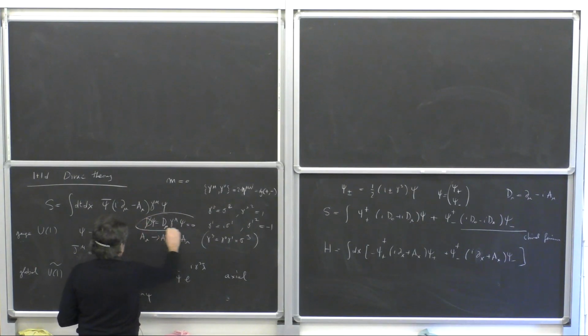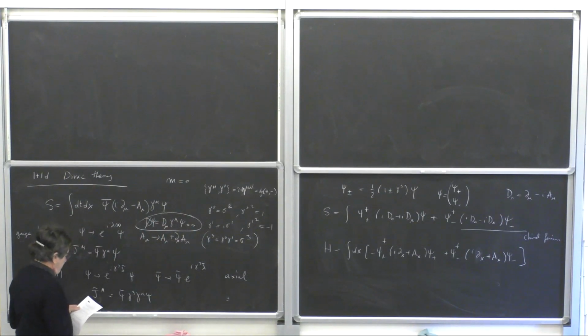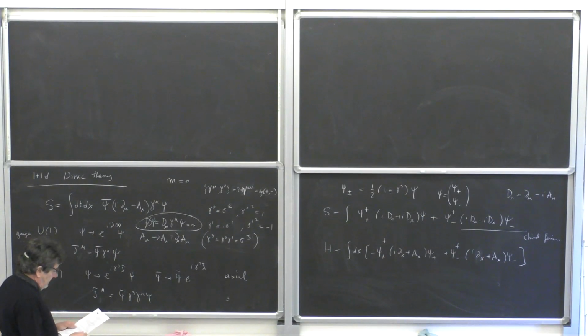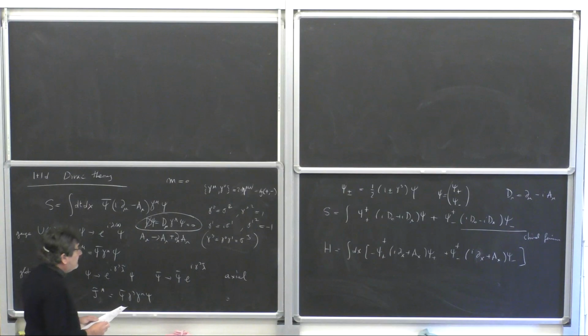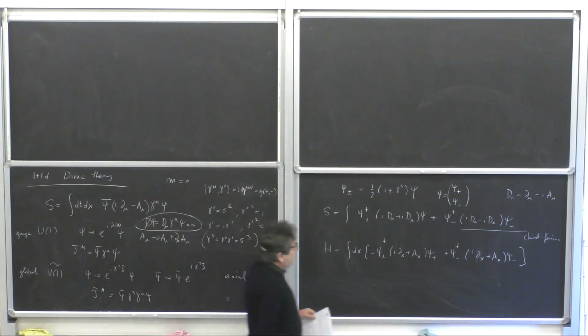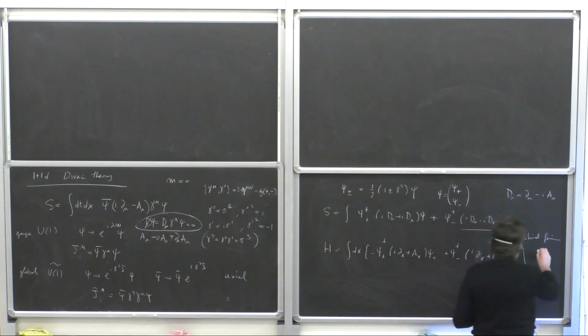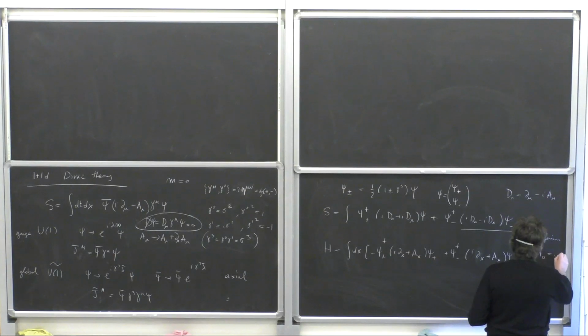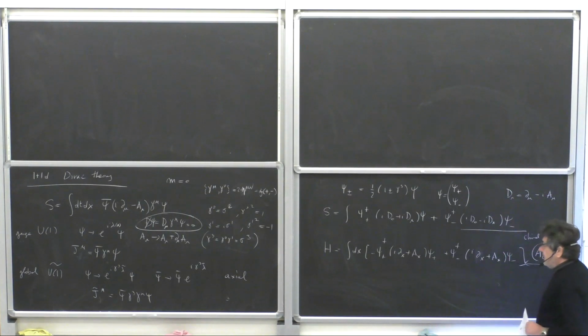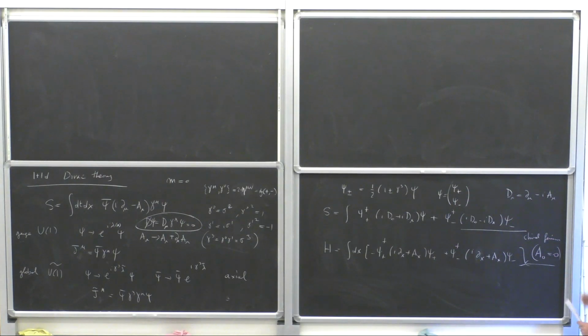It can be solved by choosing the gauge A0 equal to 0. This is very convenient. So this Hamiltonian is in the gauge A0 equal to 0, like the previous non-relativistic problem. Now you have eigenstates.